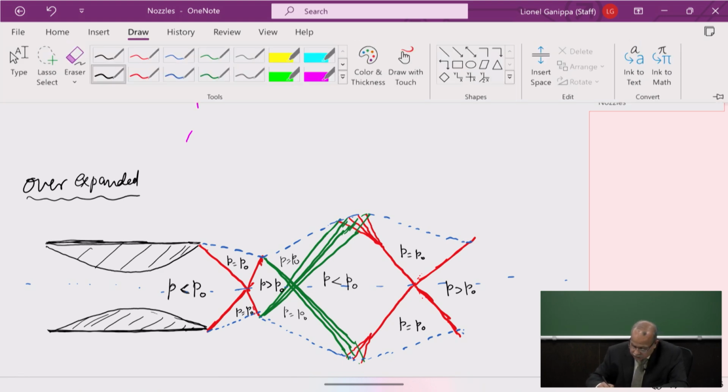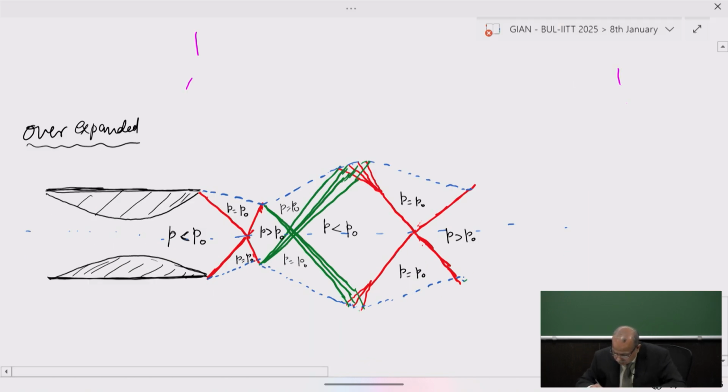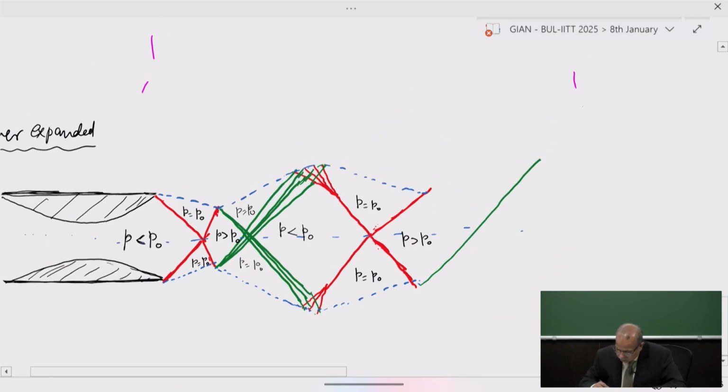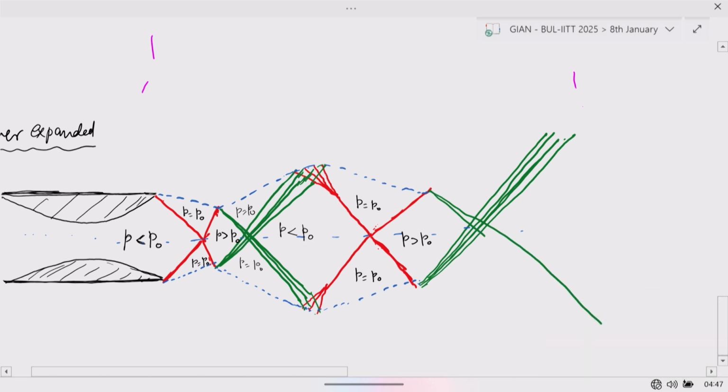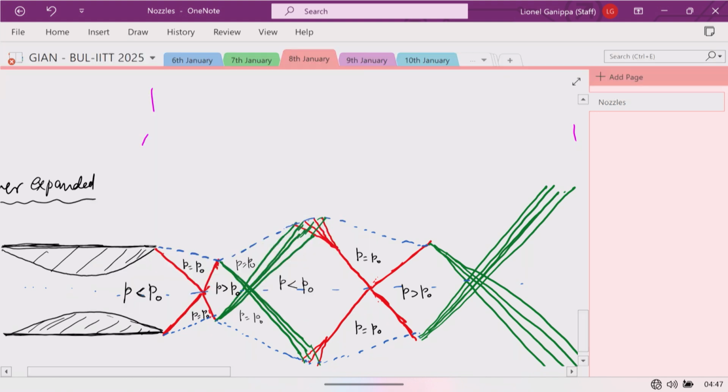Because of that higher pressure, we end up in the formation of, and similarly we end up in the formation of, an expansion fan. This will cause the flow to turn.